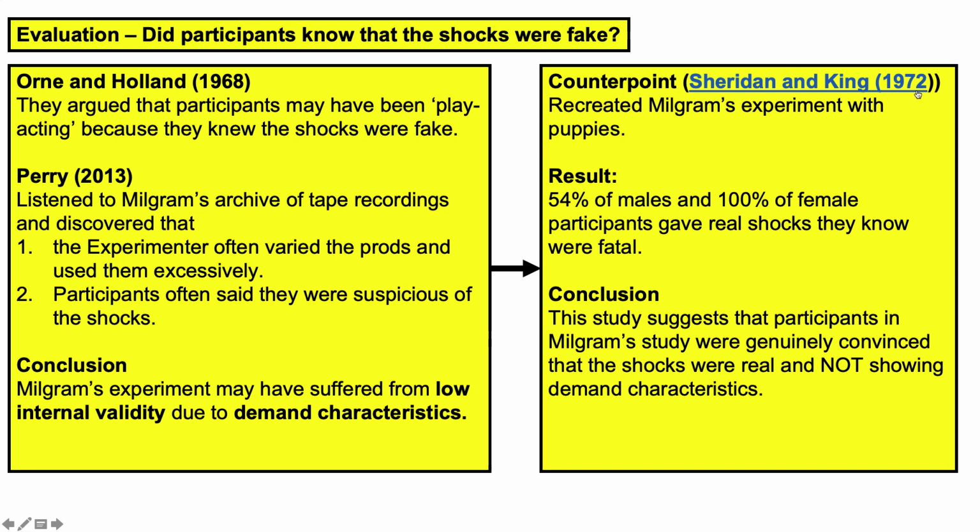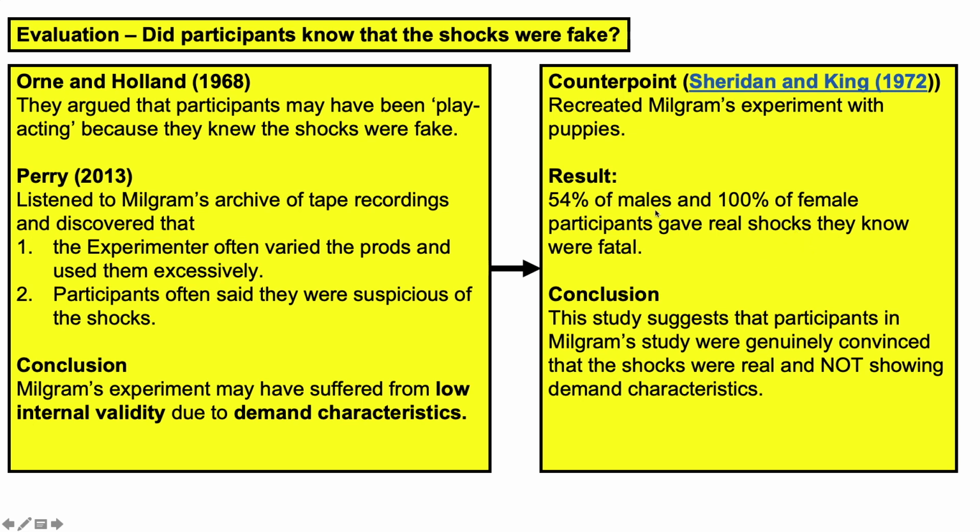Sheridan and King, 1972. What they did is they recreated the Milgram experiment with puppies, and they gave participants the option to shock puppies that were sitting in a box with a wire mesh under their feet. Every time they pressed a button, the puppy would get an electric shock through their feet. Right? And the question was, would they give a real shock?